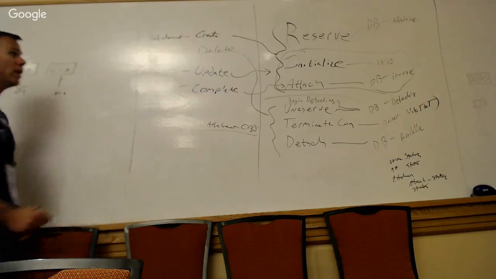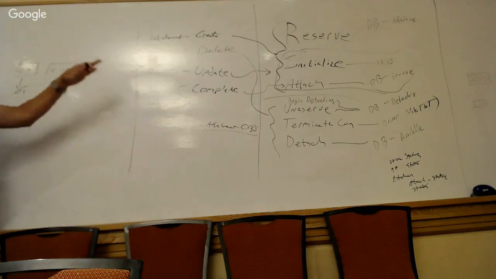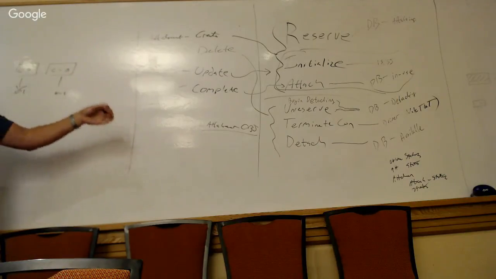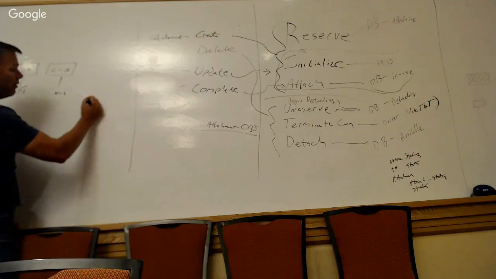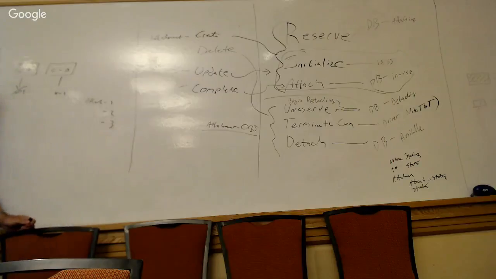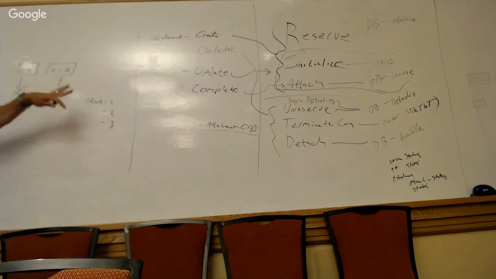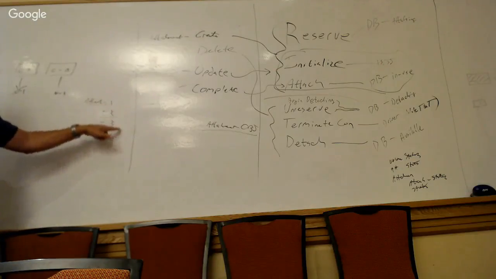As far as solving multi-attach, if nothing else, this will help us get to multi-attach with different names, only because now we have individual attachment records per attachment. Even if it's the exact same information in each one, it doesn't matter. We save extra information now, which we didn't use to.